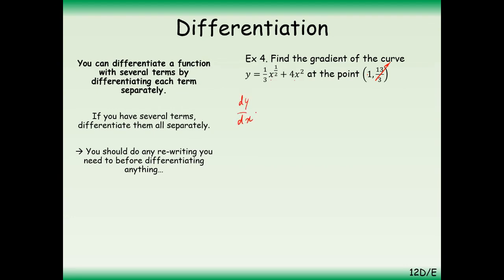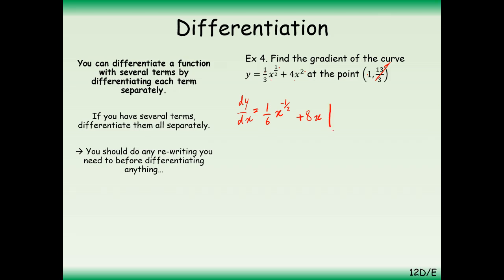So what's half times a third? Half times a third is 1/6, and the new power of x should be minus half, because we're subtracting 1 from there. And the new coefficient here is 2 times 4, which is 8, and the x will have power of 1, which will leave it like so.